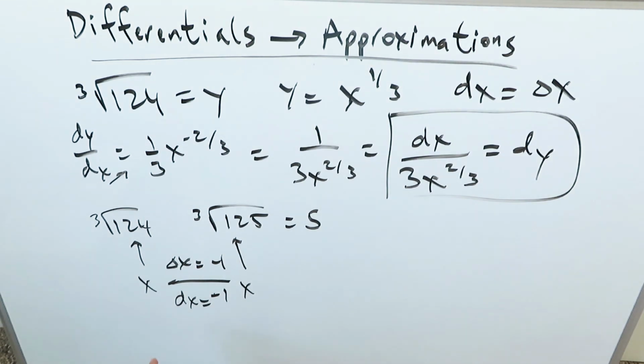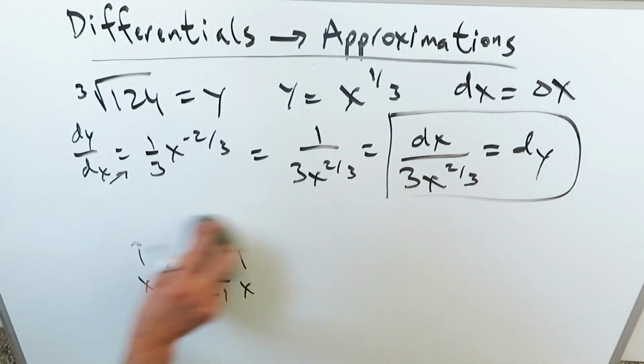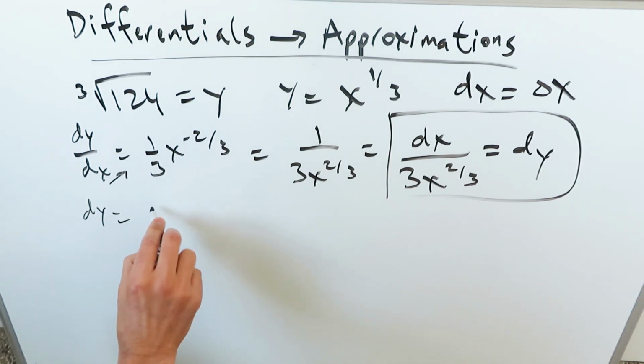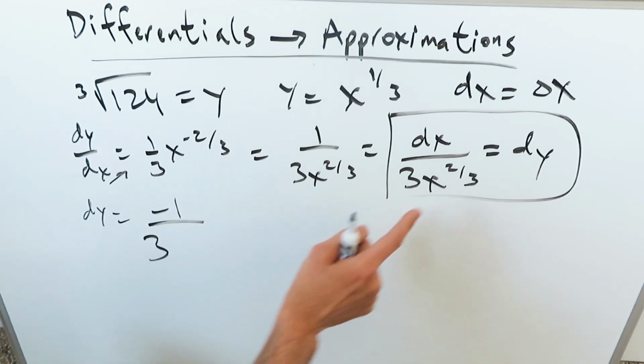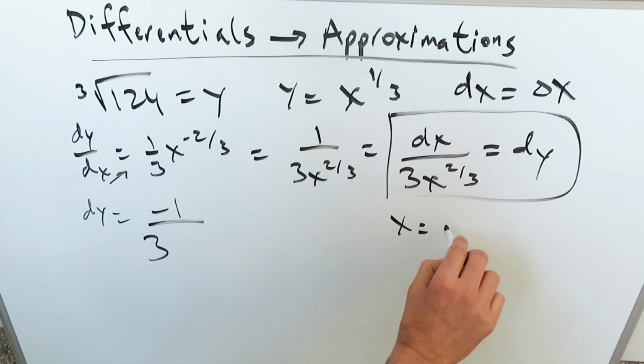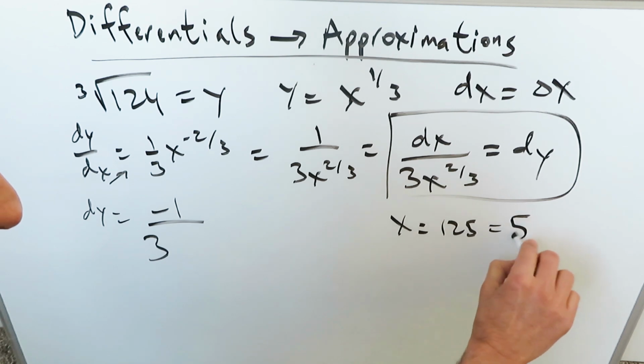I've determined my differential. My differential is very much close to delta x. The incremental difference is small. My dx is equal to minus 1. I'll bring that right over here. I will erase this because you've seen the difference between these two. I have dx over here coming to be minus 1. My dy is equal to minus 1 over 3x to the power of 2 over 3. What's x going to be? Well, let's assume x here is going to be 125, which I was showing you momentarily previously, which is equal to 5 cubed.